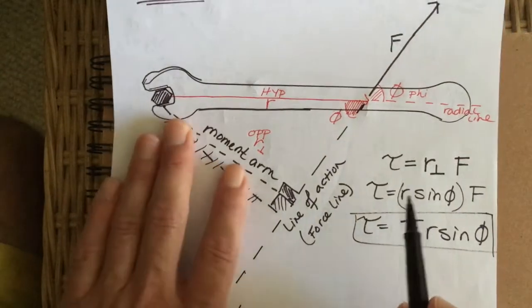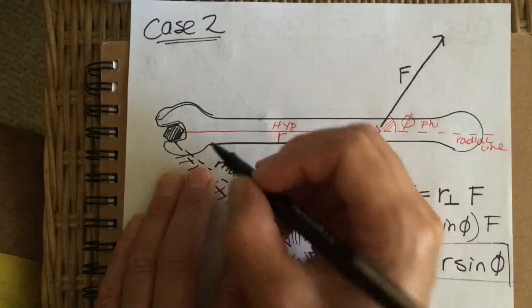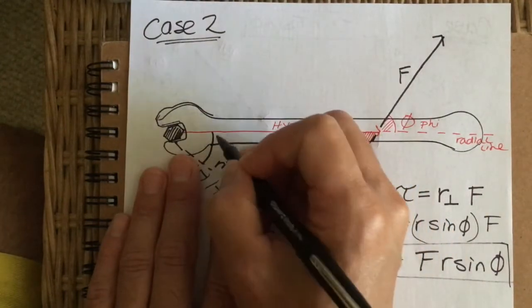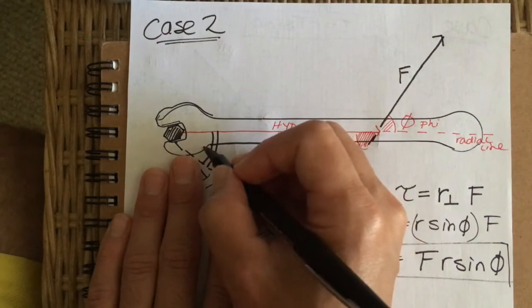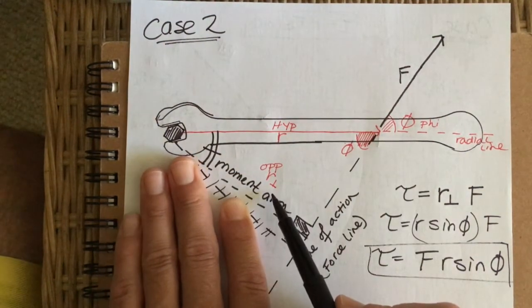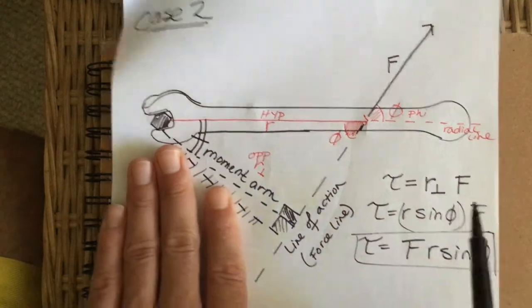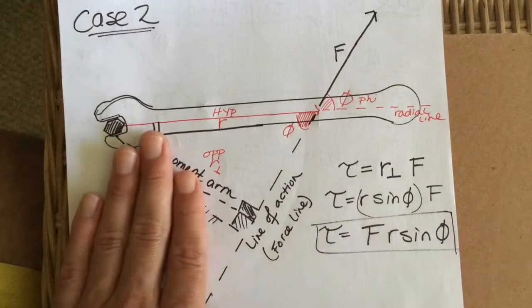But just be careful, right? Because had they given us this angle over here instead, I don't know why they would do that, but if they did give us this angle, then this would have been an adjacent, and I would have used a cosine formula.